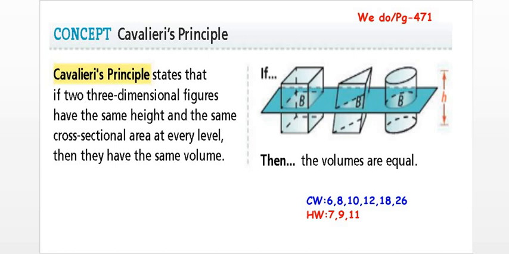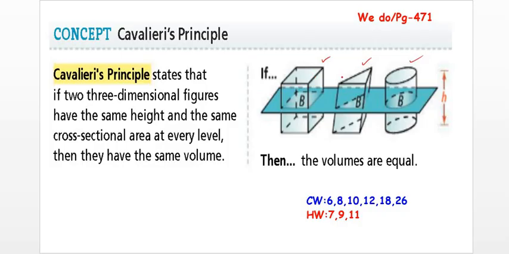It says Cavalieri's principle. What does it say? It states that if two three-dimensional figures have the same height and the same cross-sectional area at every level, then they have the same volume. As you can see here in this diagram, they have given you three different types of prisms.